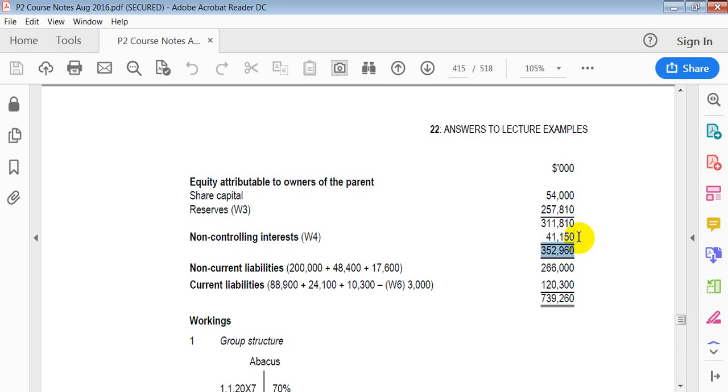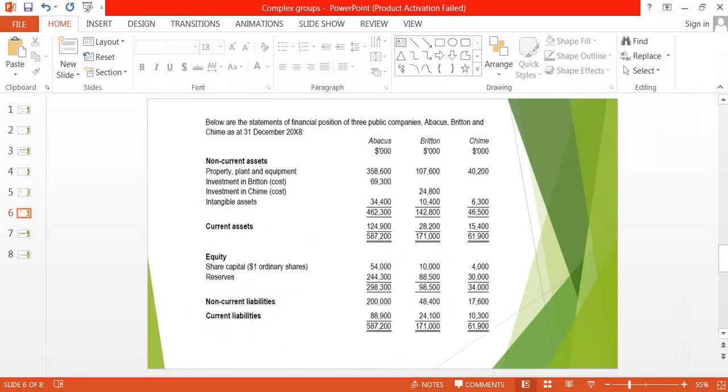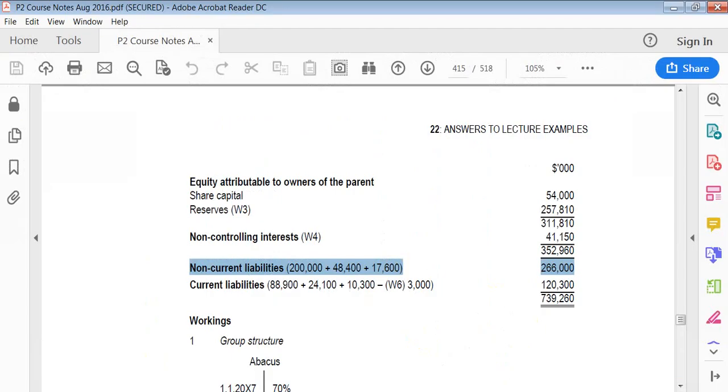Then we bring in our non-current liabilities. Again, 100% parent, 100% subsidiary. There's no adjustment in the non-current liabilities. So our total is 266,000.